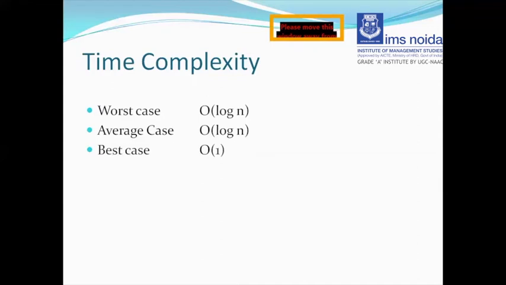If we talk about worst case time complexity, then worst case means your algorithm is completely followed and it takes the maximum time. Either the element is found at the very last, or the element is not found. Such a situation we call the worst case. So the worst case time complexity of binary search is O(log n). Okay, so average case and worst case are the same, and best case is O(1).